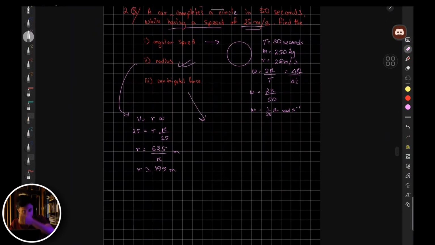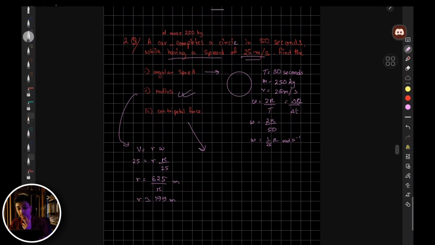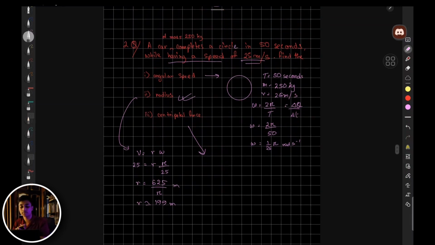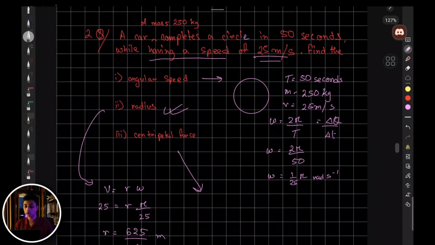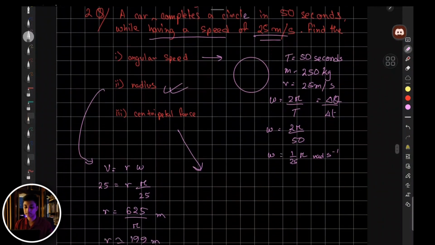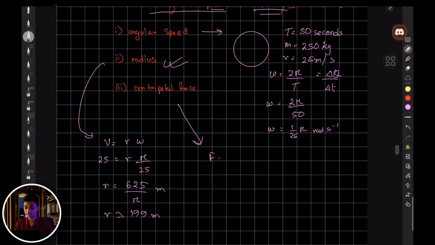Now, for 3, you need to find out the centripetal force. There are a few formulas to figure it out. One would be F equals m v squared by r, or you could do F equals m r omega squared.